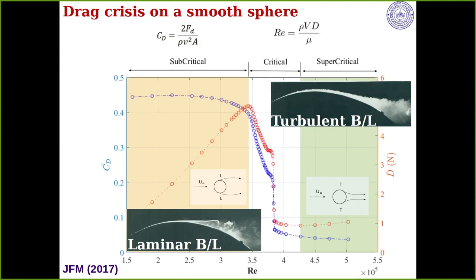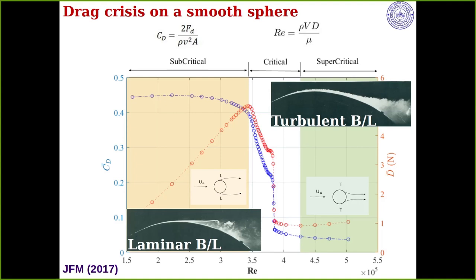So this is a laminar boundary layer, taken somewhere in the subcritical regime. And this is the turbulent boundary layer, taken somewhere in the supercritical regime. These are from Van Dyke's album of fluid motion. The laminar boundary layer, you can see, separates fairly early, almost at the shoulder.